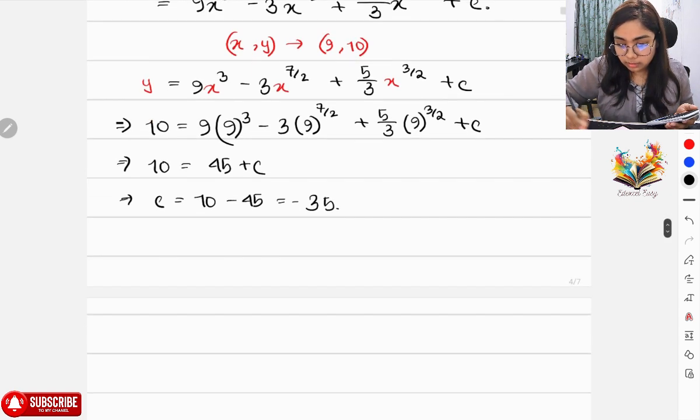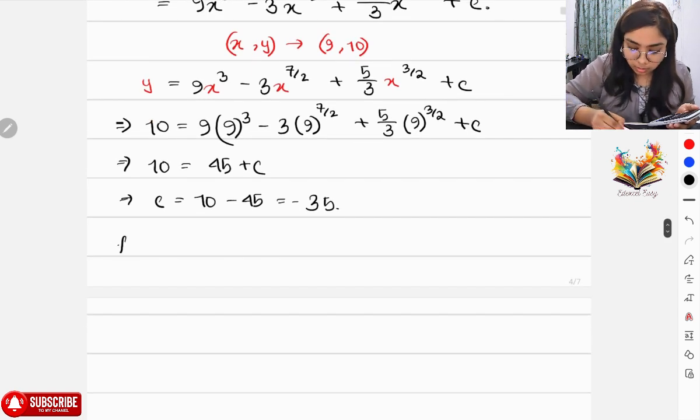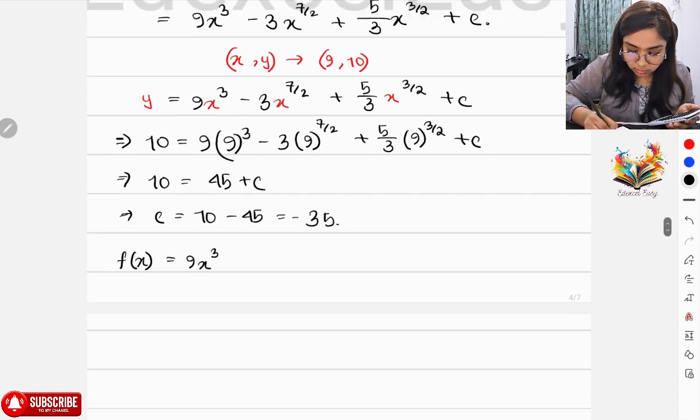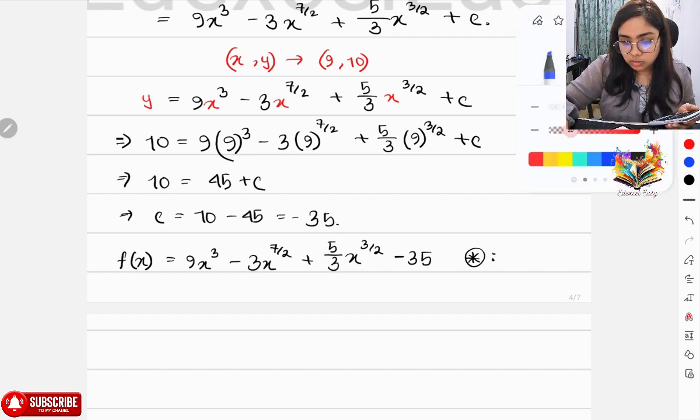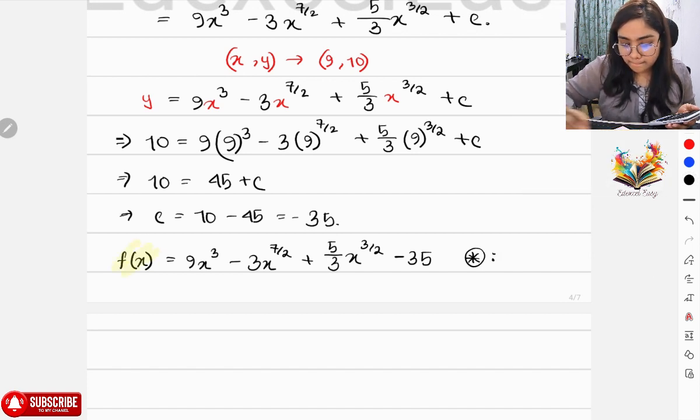In that case, now we can write the final equation, that f(x), the original equation, was 9x cube minus 3x to the power of 7 by 2 plus 5 by 3 x to the power of 3 by 2 minus 35, right? This is your original equation. Let me just highlight this with the highlighter. This is how the original equation would look.